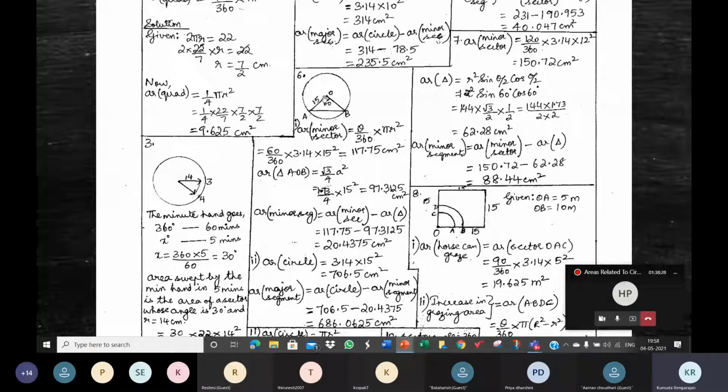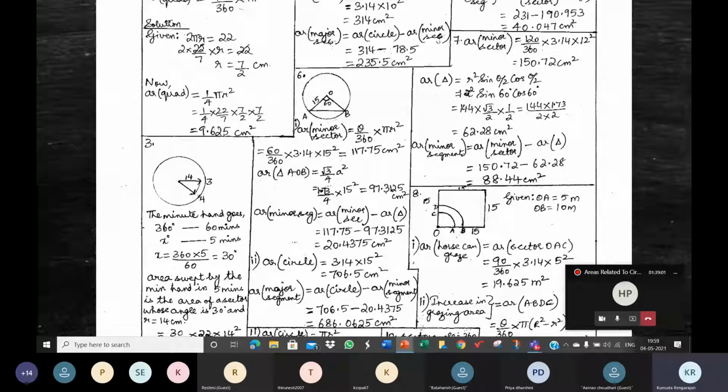Now 120 is less than 180, so the segment and the sector both are minor. It is a minor sector because the sector angle is 120 degrees, and the minor sector will have a minor segment attached to it. So corresponding means corresponding to 120 degrees.